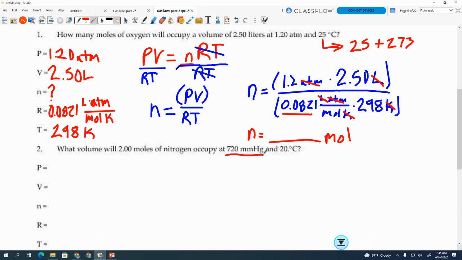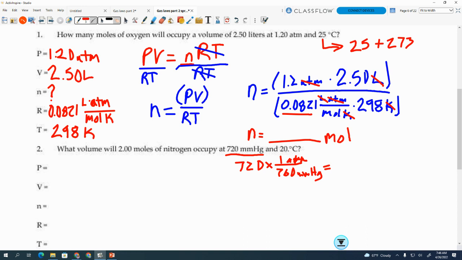So instead, I would use 720 times 1 atmosphere over 760 mmHg, and then get my pressure in atmospheres instead. And then I would just use that for my problem.